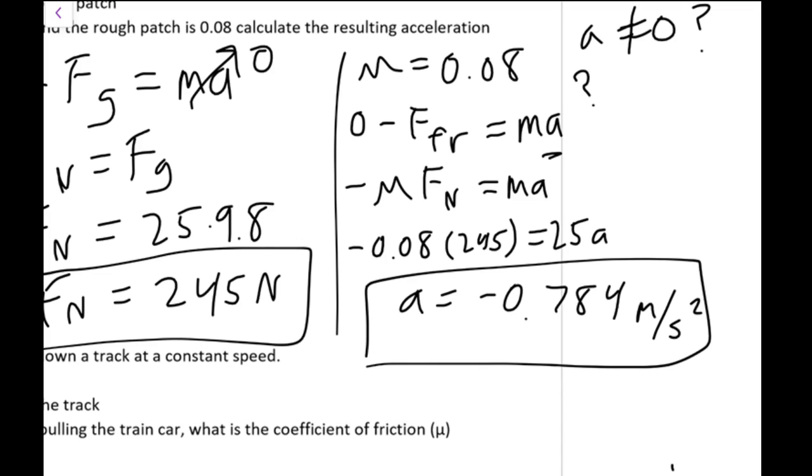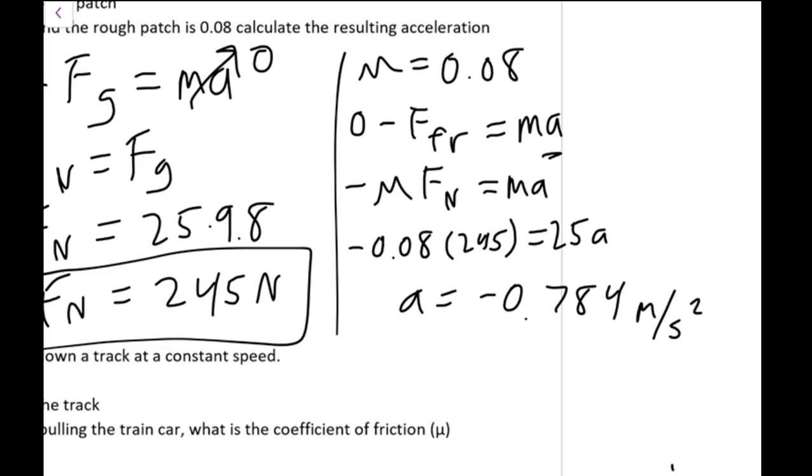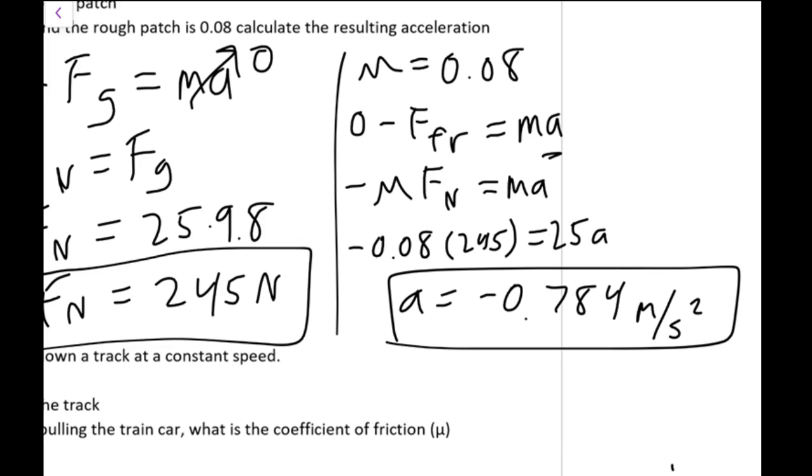So over here on the left, we were working the y direction. The thing was not accelerating up or down. But on the right-hand side, it is accelerating. It is slowing down. So the box is actually slowing down to the left. And so we do actually have a negative acceleration. Right?